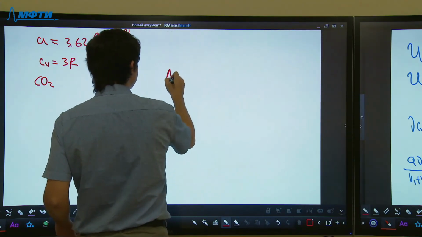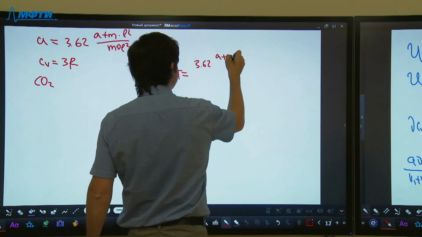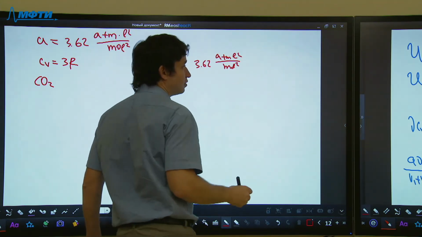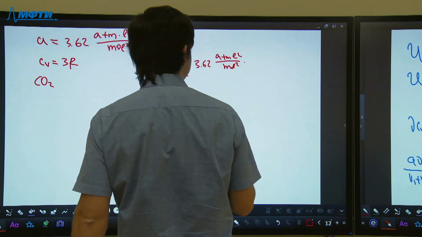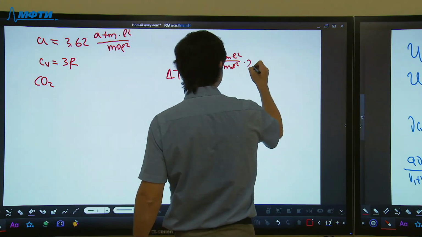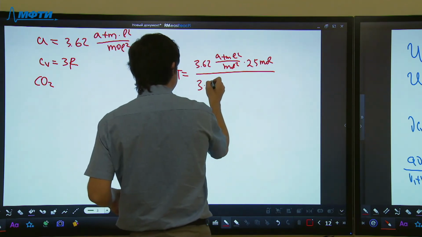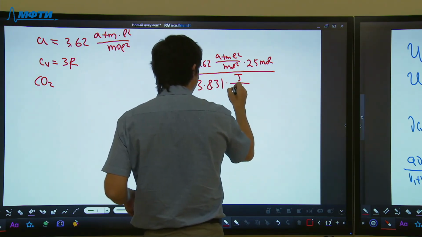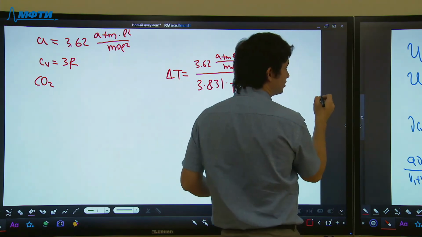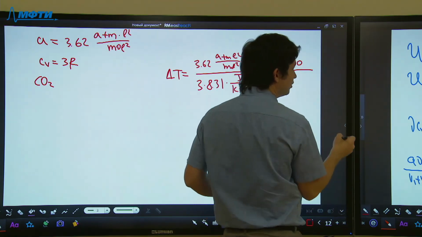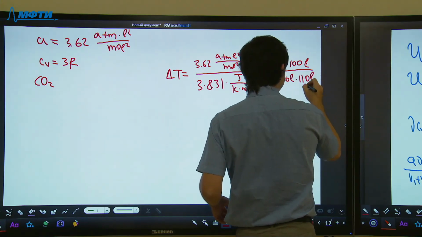Okay, so delta T equals 3.62 atmospheres liter squared over mole squared multiplied by the amount of gas, which is 2.5 moles, divided by C_V, which is 3R, which is 3 times 8.31 joule over kelvin over mole, multiplied by V2, which is 100 liters over 10 liters times 110 liters.